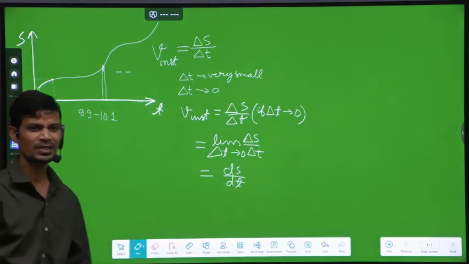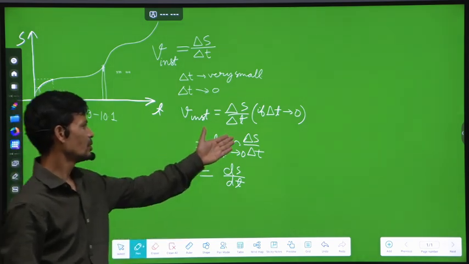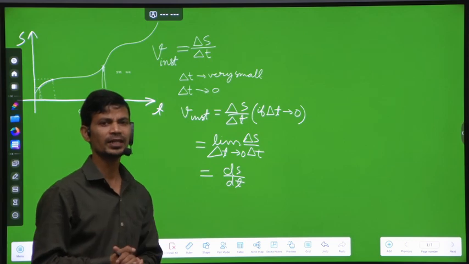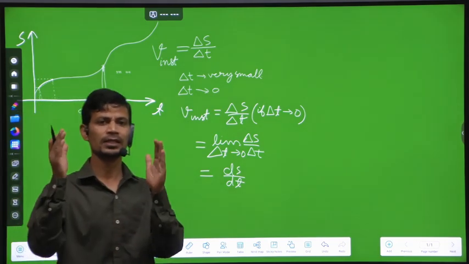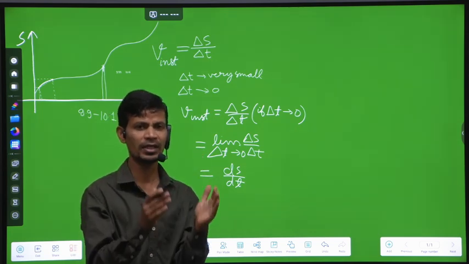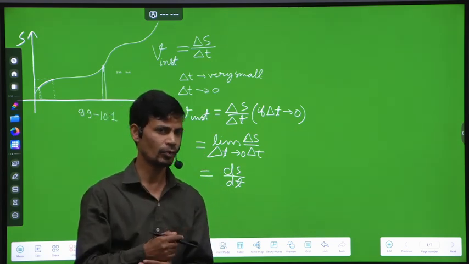Is it a meaningless term? Are we just playing with the symbols? No. Delta s by delta t means there is delta s, a numeric value, there is delta t, a numeric value, and we are dividing both.